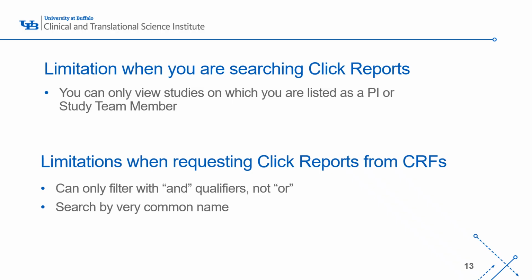The search results would yield all study team members with the last name Smith and all study team members with the first name Jane. The clinical research facilitator could provide a list, but it may take them longer to complete the request. Even with these limitations, Click Reports can be a useful tool to learn more about the studies taking place in your department.